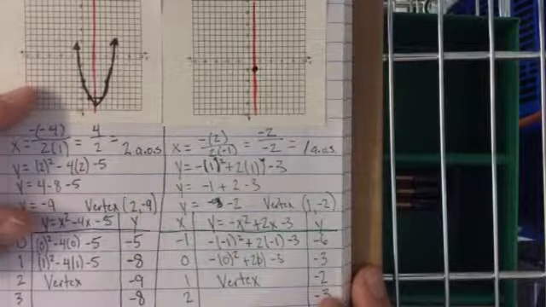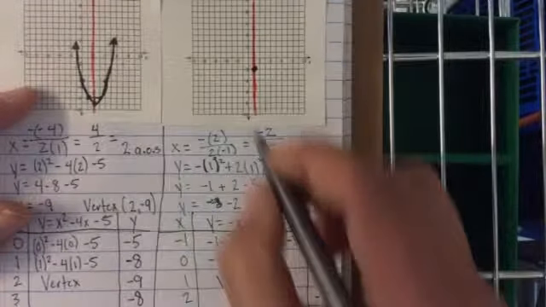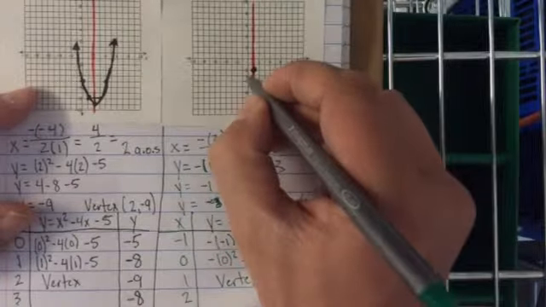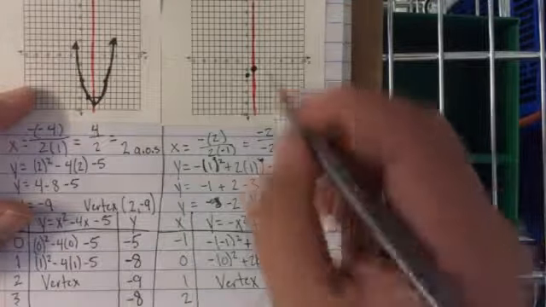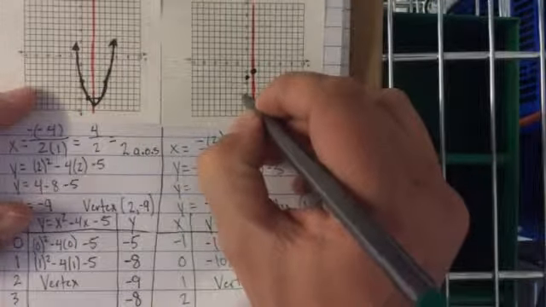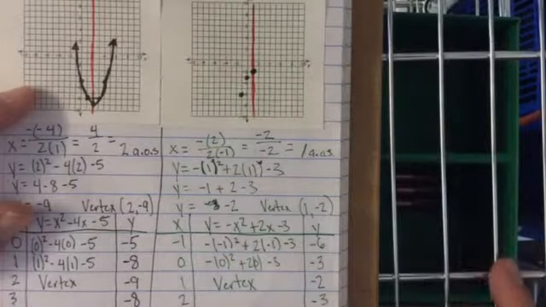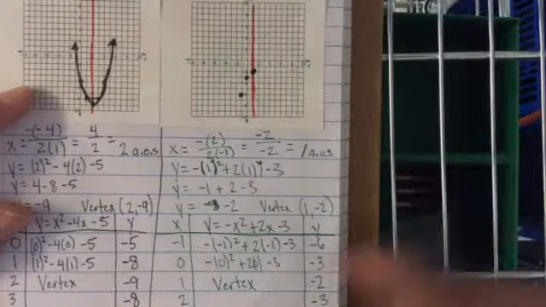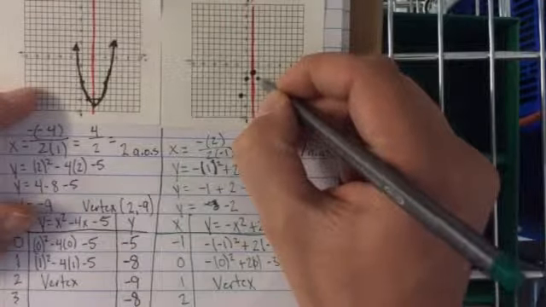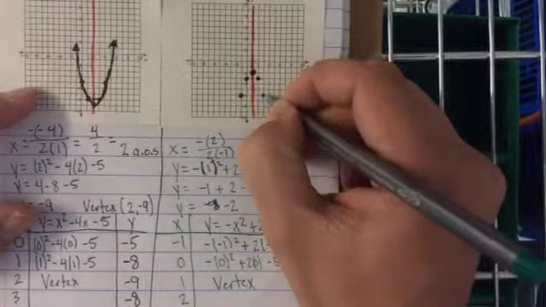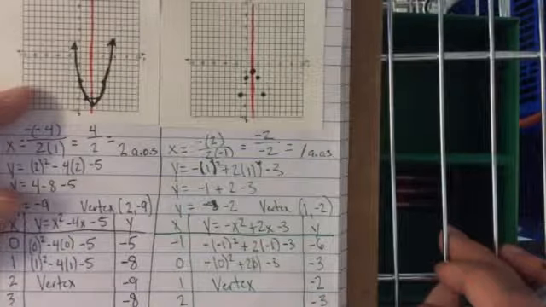And then we can use our other points that we have found. So 0, negative 3, right there. Negative 1, negative 6, right there. And now we've mirrored it with 2, negative 3, and 3, negative 6.